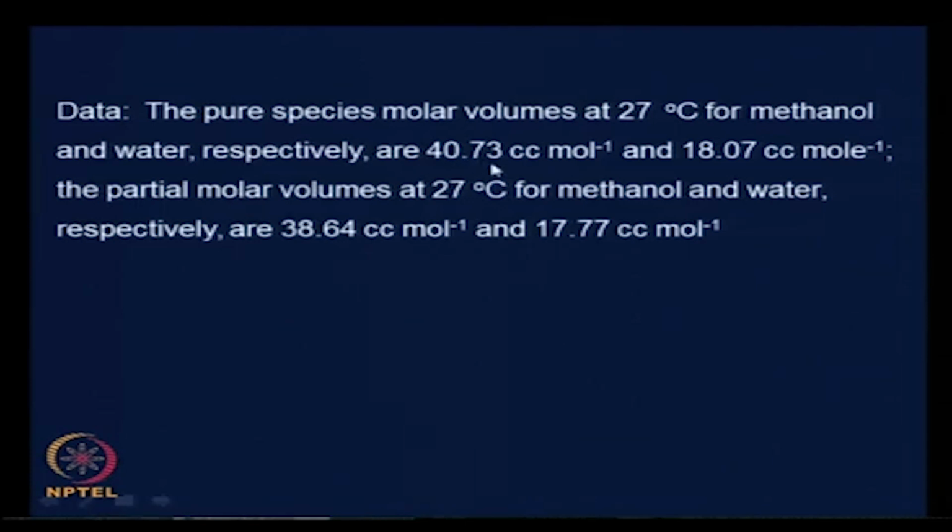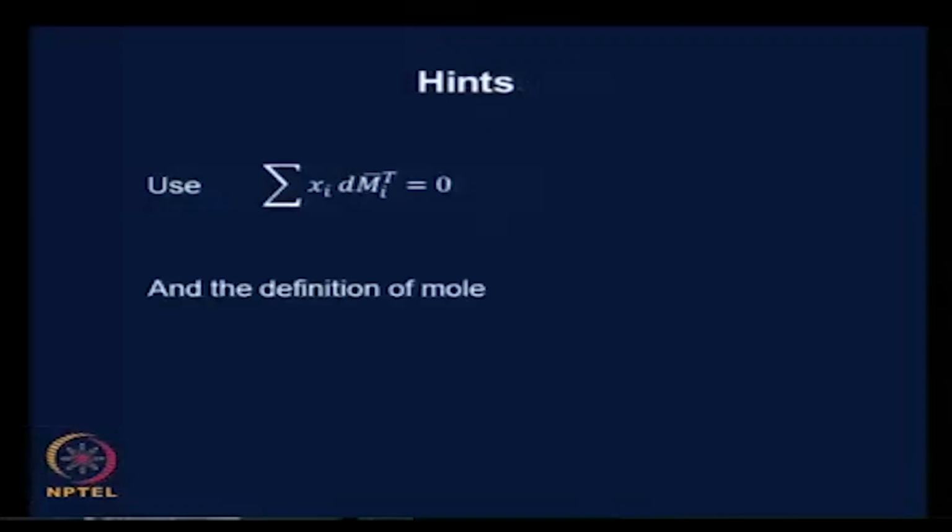Yep, the molar volume of methanol was 40.73 centimeter cube per mole, and the molar volume of water was 18.07 centimeter cube per mole. So, the number of moles times the molar volume will give the volume of the pure component, and that is what we are doing here.